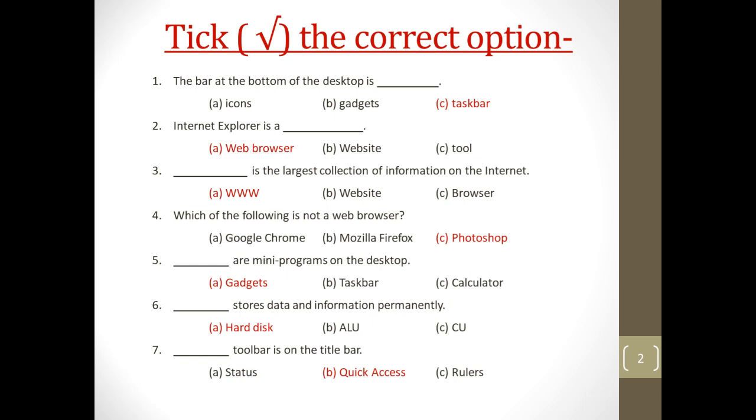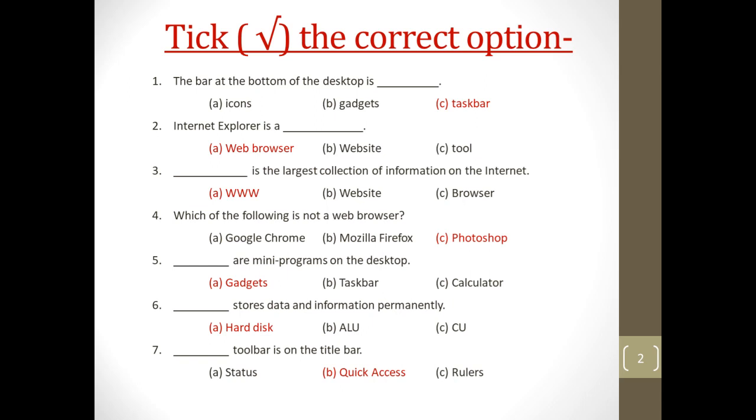Third is dash is the largest collection of information on the internet. www, website, and browser, and the answer is www. World Wide Web is the largest collection of information on the internet.